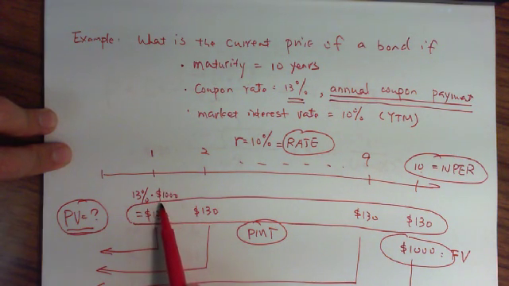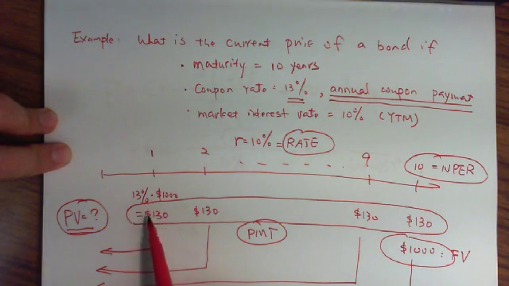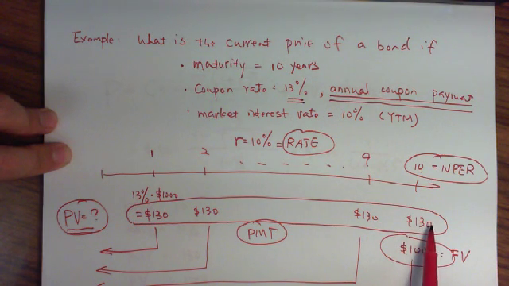Now, the par value by convention, corporate bonds have $1,000 par value. So each year, the company will pay $130, and this number is constant.